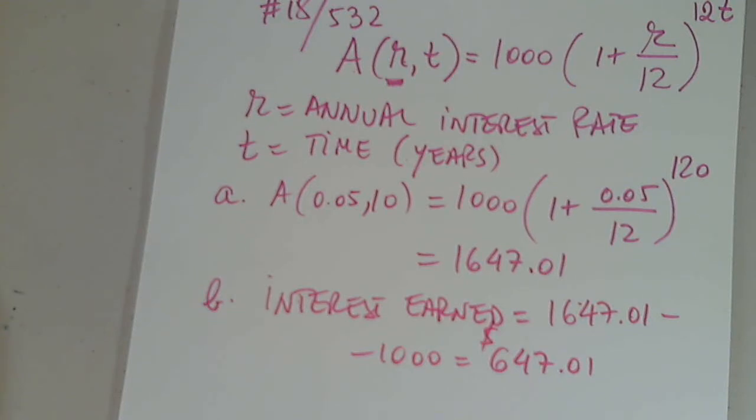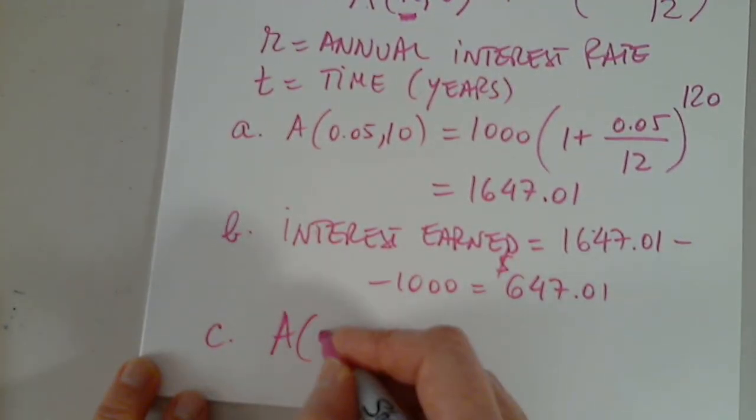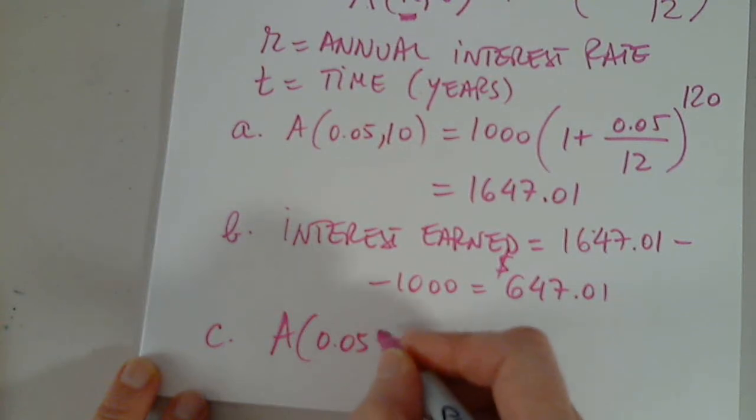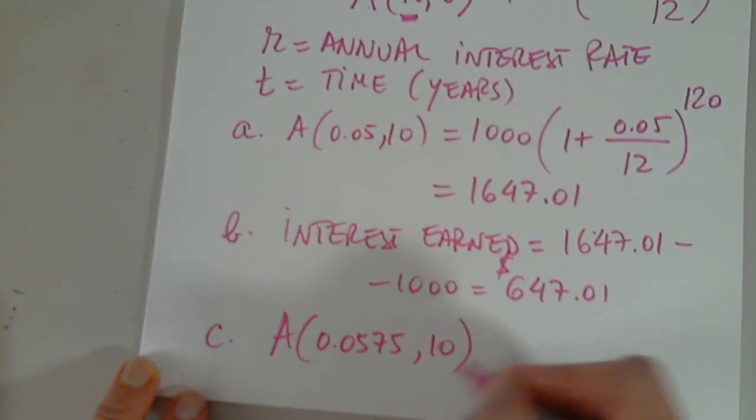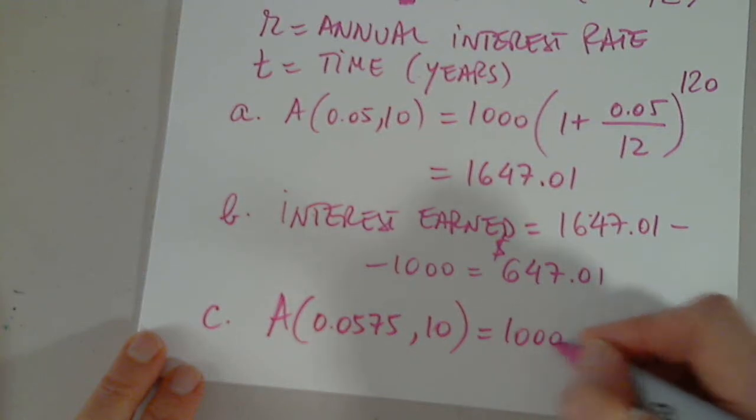How much more interest can be earned over the same term, 10 years, if the APR, the annual percentage rate, is increased to 5.75%? Okay, no problem. So A of 0.0575 and 10.